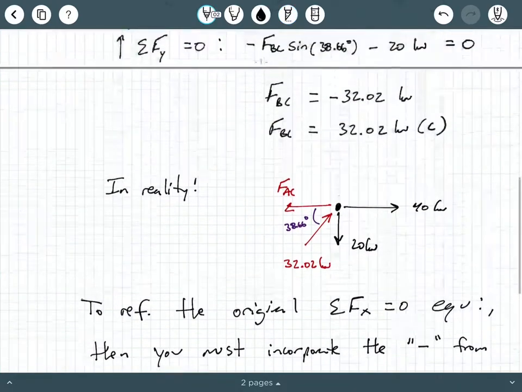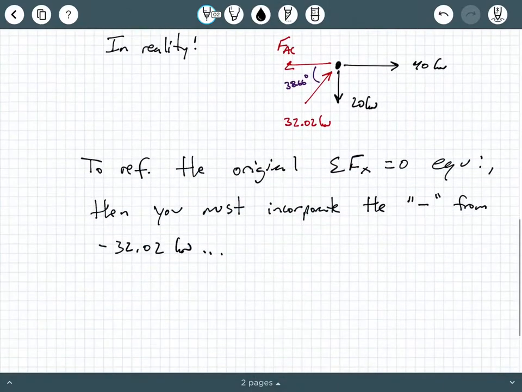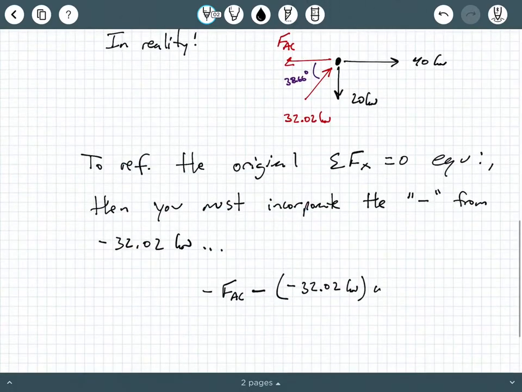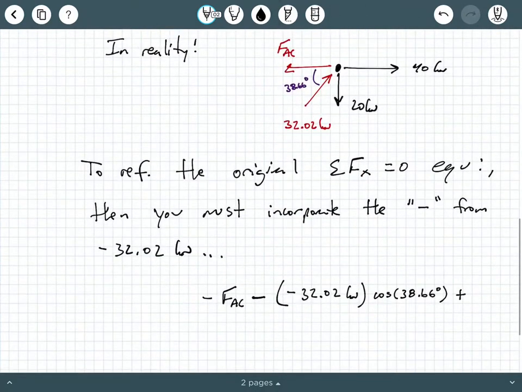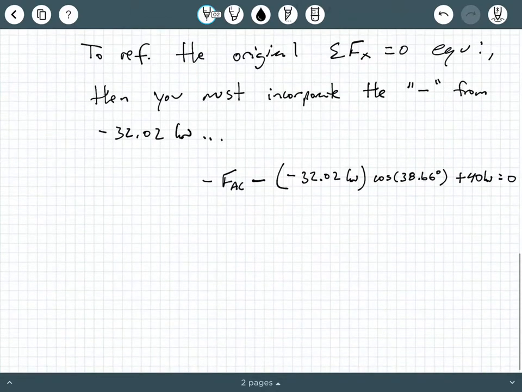To reference the original free body diagram, the original equation, I'm going to say minus FAC minus a negative 32.02 kilonewtons times cosine 38.66 degrees, and then I believe we had plus 40 kilonewtons equals 0.